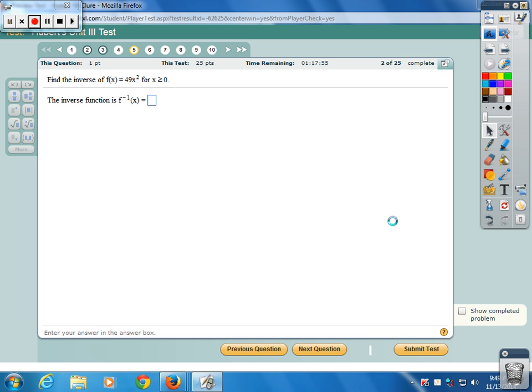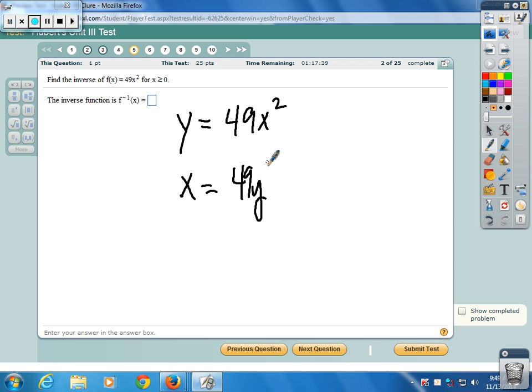What's the first thing you do? Well, instead of f of x, you put what? y is equal to 49x squared. Switch the two. x is equal to 49y squared. And then solve for what? y. So divide by 49. Divide by 49.